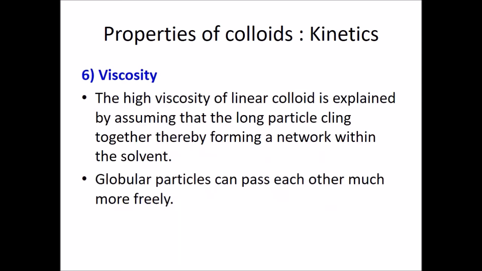The high viscosity of the linear colloid is because the long particles cling together, thereby forming a network within the solvent, so they prevent the movement of each other and cause resistance to flow, which increases the viscosity. Globular particles can pass each other much more easily, that's why spherical particles have lower viscosity.